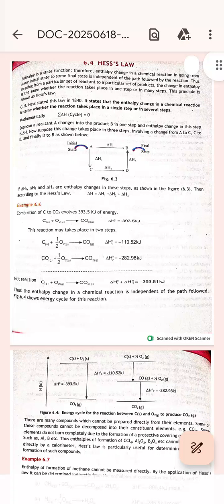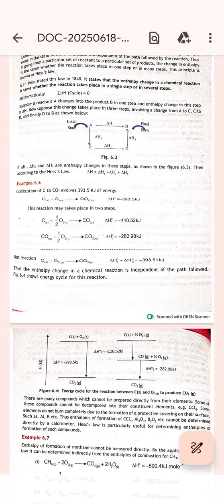So the net reaction will be carbon plus O2 gives us CO2. So del H1 plus del H2 gives us minus 393.5 kilojoule of energy liberated.